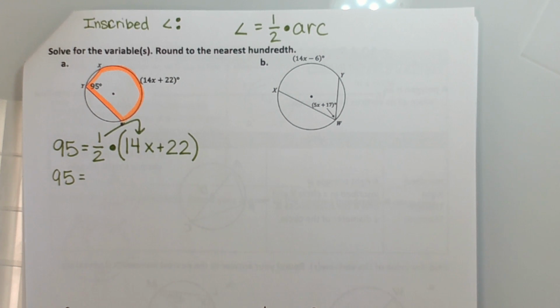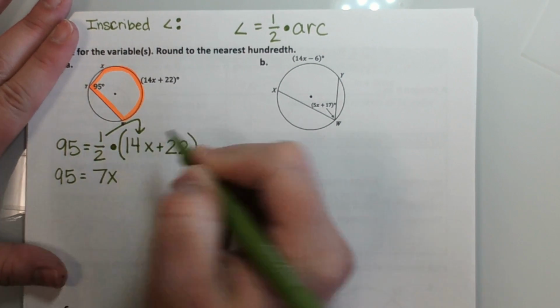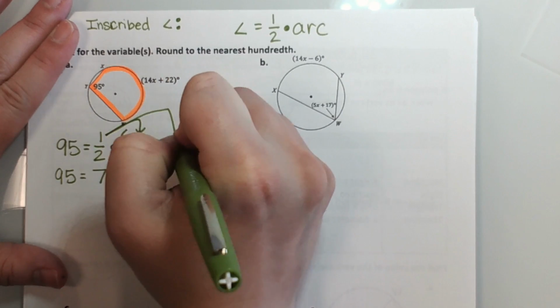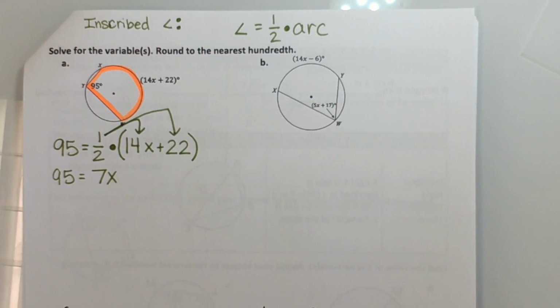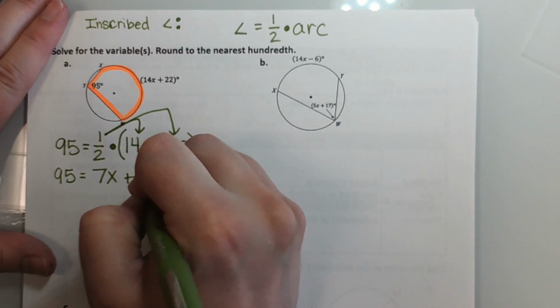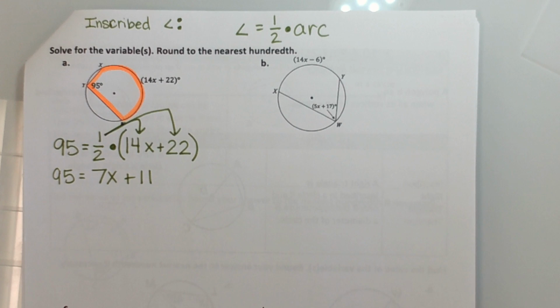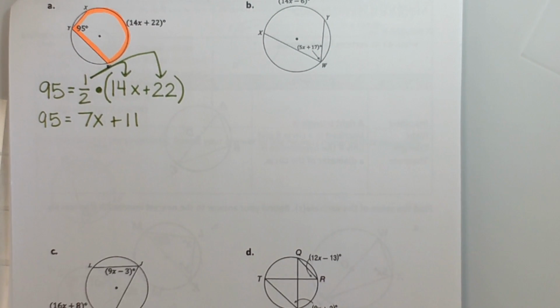1/2 times 14? 7. X. 1/2 times 22? 11. Don't forget the plus sign. That looks nicer. I know how to solve that. I divide by 7.